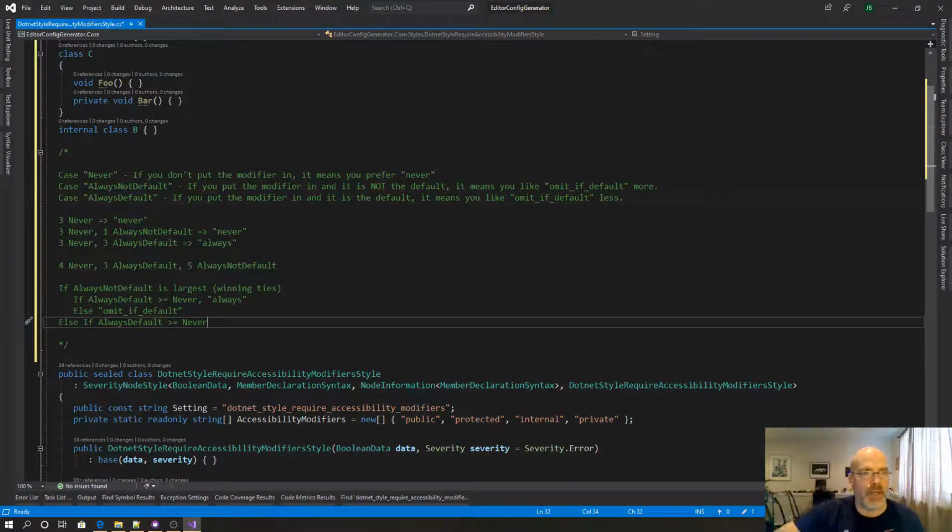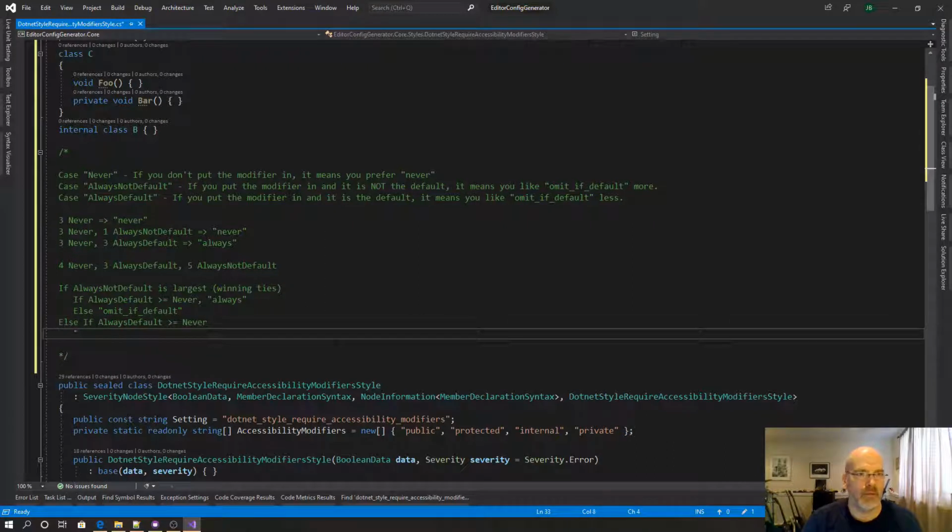But you could have always default be like 10. No, if it's greater than or equal to never, then we say always.